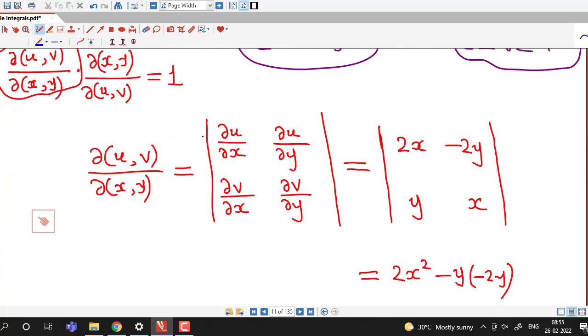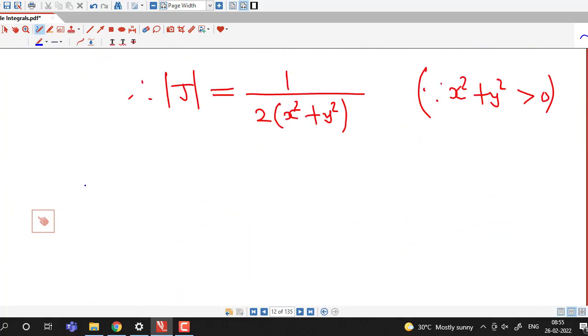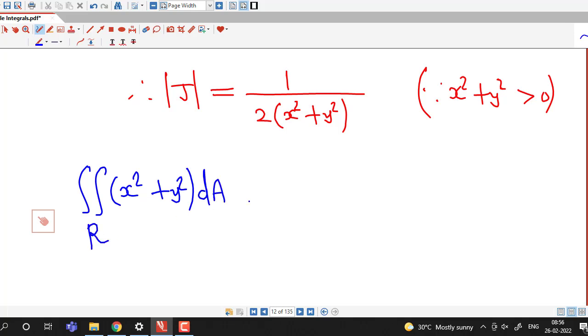So now the double integral of x square plus y square dA, where dA can be either dx dy or dy dx.